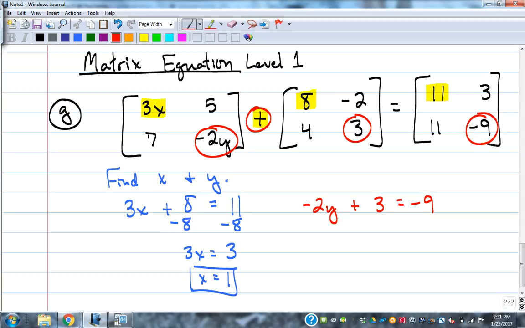Corresponding elements with the operation between them. Solve that equation for y. Y would be 6 in that case.